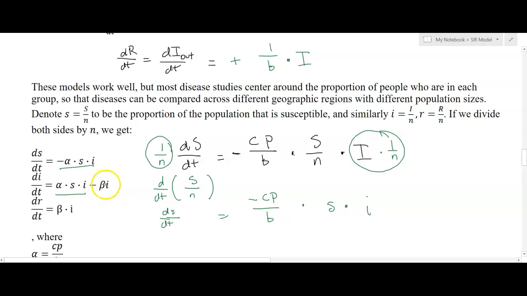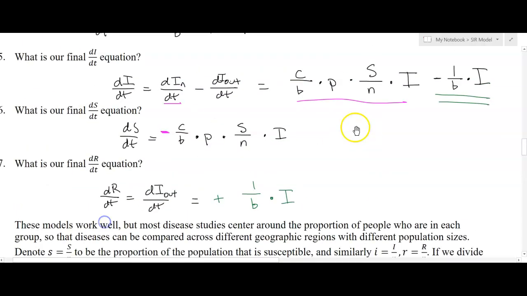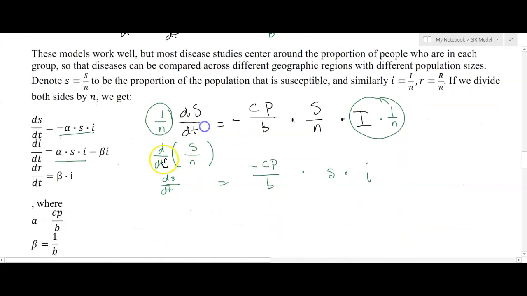And then here we just have 1 over little b times I. If we divide I by little n, we get little i as well. So anyway, we can get all of these to be proportions.